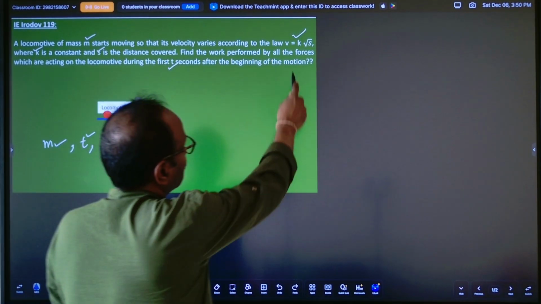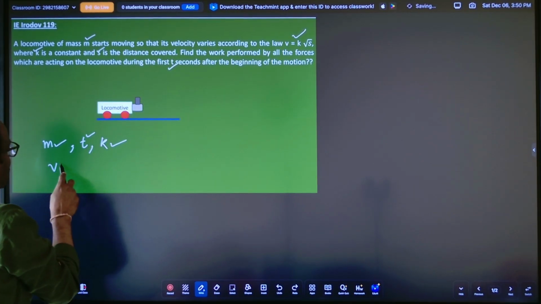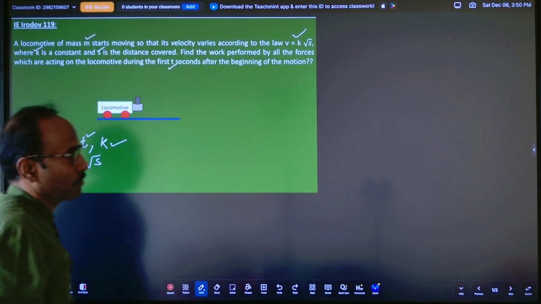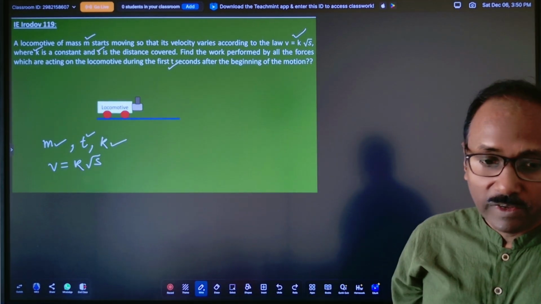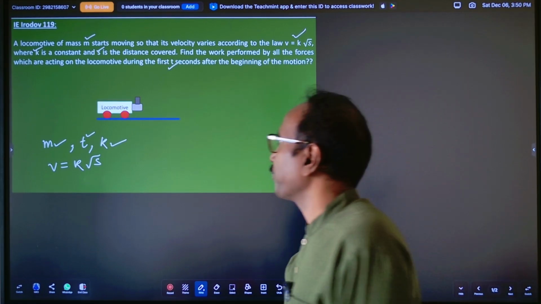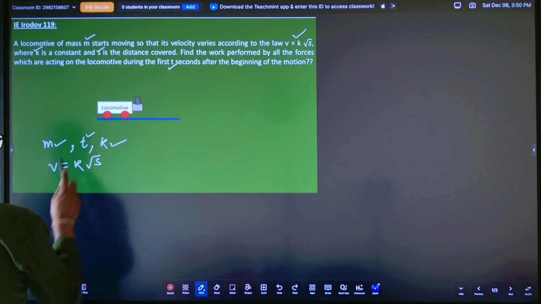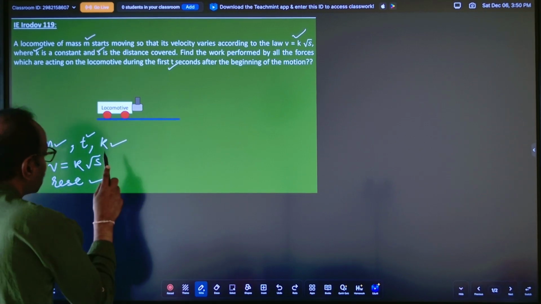Velocity has been given by this equation. This is known, but it is depending on s, so it will vary with s. Other known thing is it starts from rest. So initially it was at rest. So this is also known.